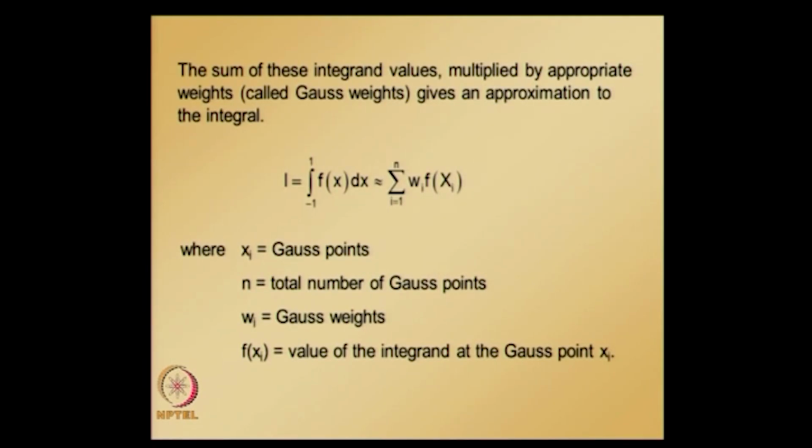Also in the last class we have seen Gauss points and weights up to 10 points, and the tables are reproduced here.